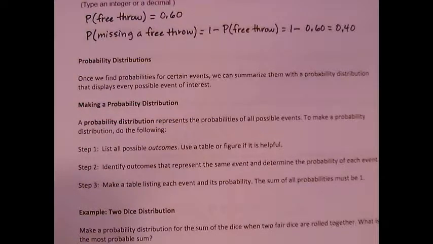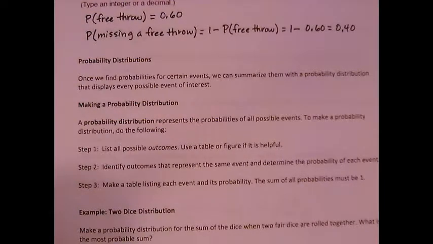To make a probability distribution, you're going to do the following. Step 1, list all the possible outcomes. You might have to use a table or a figure if it is helpful to you. Step 2, identify outcomes that represent the same event and determine the probability of each event. And step 3, make a table listing each event and its probability. The sum of all the probabilities must be 1.